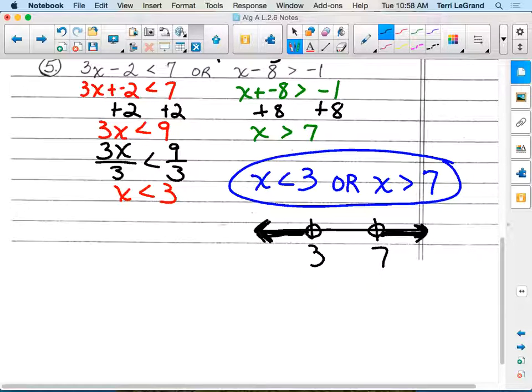This says shade numbers less than 3. This says shade numbers greater than 7. Be careful. They might trip you up sometime. But typically this is what it'll look like, just like the "and" ones will typically be between the two endpoints. Typically, but always check to make sure. Okay? Any questions?